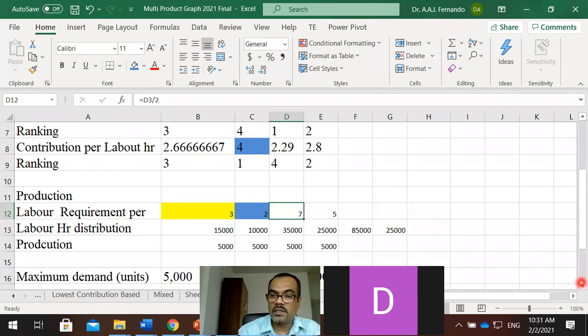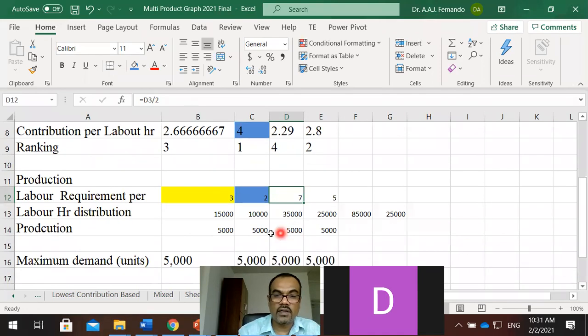Then go for the maximum production from each, 5,000, 5,000, 5,000. Ranking number 1, 5,000 production requirement is this. Ranking number 2, this one, 5,000 requirement is this. And ranking number 3, it is this. And ranking number 4 like this.